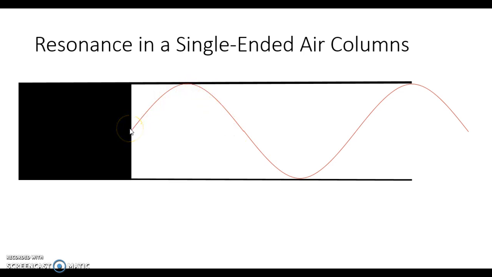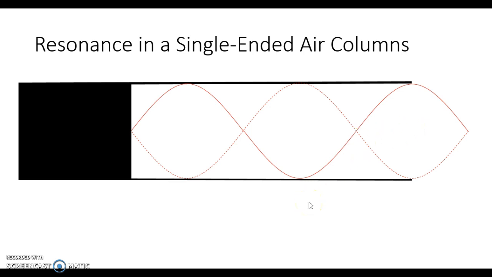It will bounce back, and eventually we will get a standing wave pattern that looks like this. The largest amplitude is at the edge of the air column, so we've adjusted the piston enough that we have found our third location of resonance, which means we're going to get the maximum amount of sound out if we're talking about sound waves.